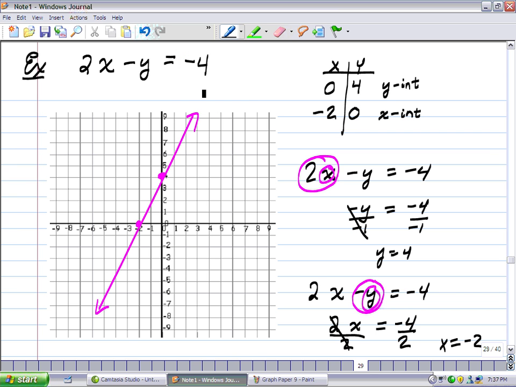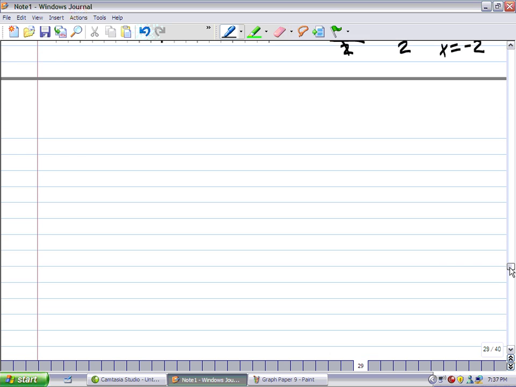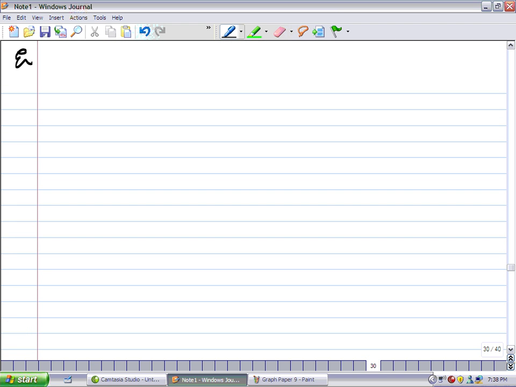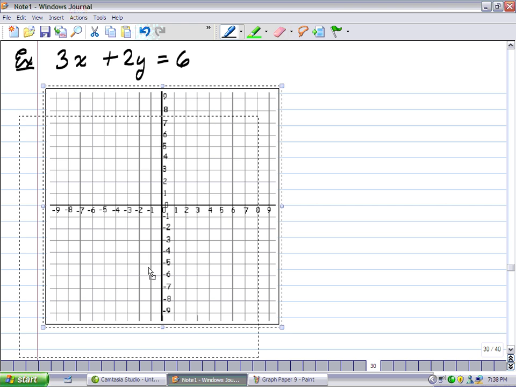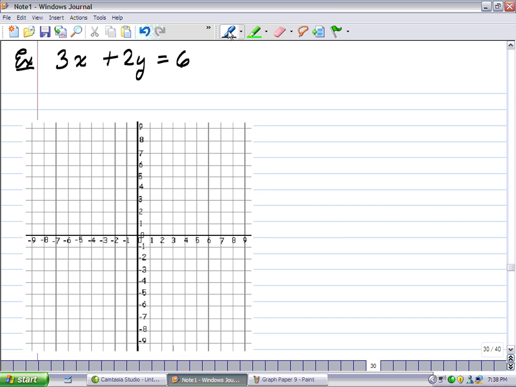Okay. Let's try another one of those. Let's try 3x plus 2y equals 6. So I'm going to make an xy table. I'm going to make x 0, so that's going to give me the y-intercept. We'll make y 0, so that's going to give me the x-intercept.